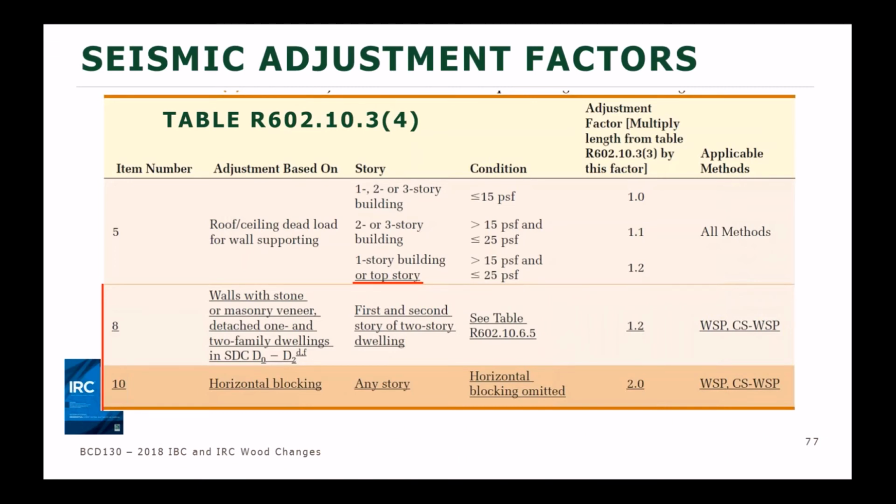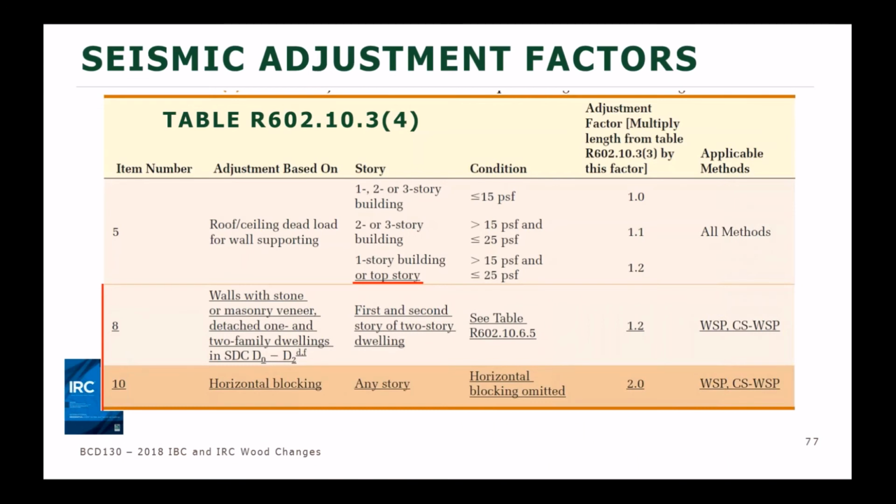This one, for item number 5, roof and ceiling dead loads for walls that are supporting some number of stories. At one point, back in say 2009, if you looked at the IRC, it was clear that when you looked at the top of a 2- or 3-story building, you needed to have more bracing added that story when you had a heavy roof.